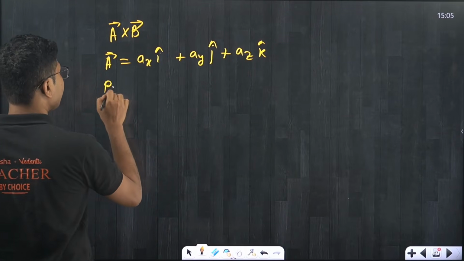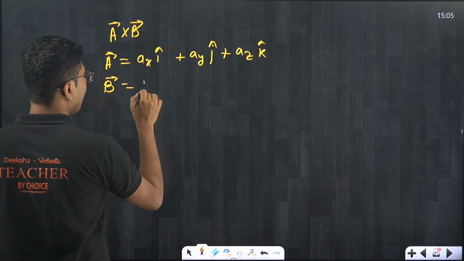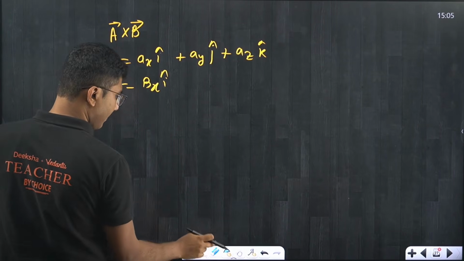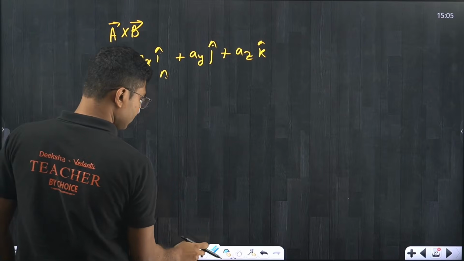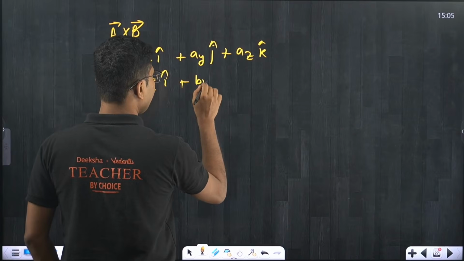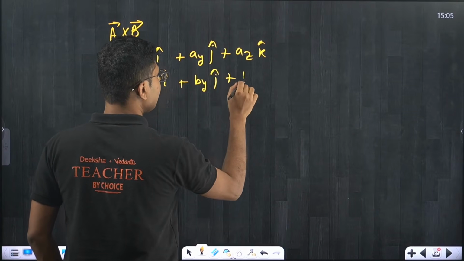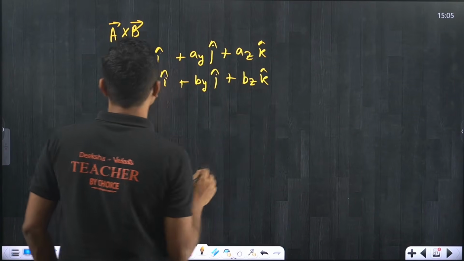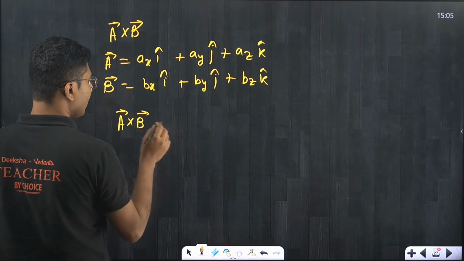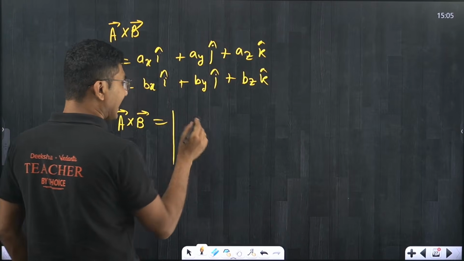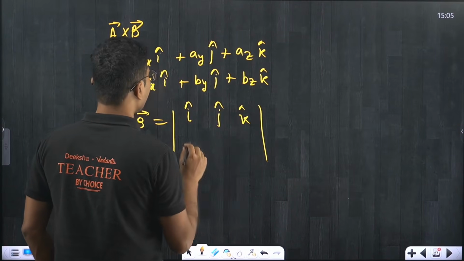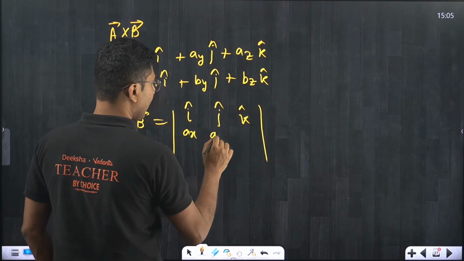Suppose B vector is given by BX i cap plus BY j cap plus BZ k cap. So how to find the cross product of A cross B? In that case, you basically use the determinant method: i cap, j cap, k cap, AX, AY, AZ.